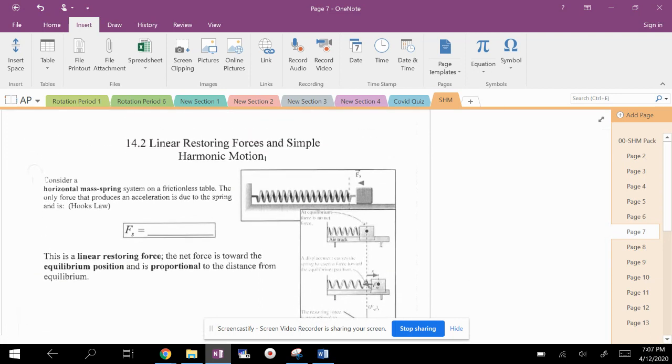So I just talked about this. When we talk about the restoring force, that's negative k times x, this equation is called Hooke's law. And it's the restoring force in a horizontal mass spring system.